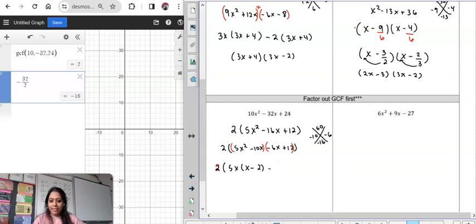I'll take out a negative 6 from here, so that's also x minus 2. So my factor here is x minus 2, and then 5x minus 6, and then I still have 2 remaining here.